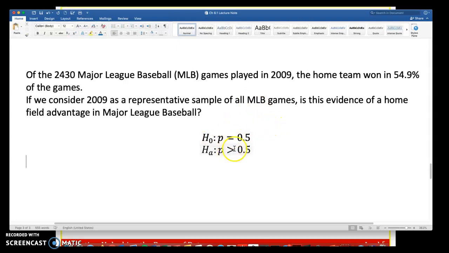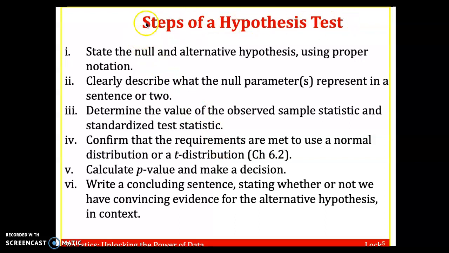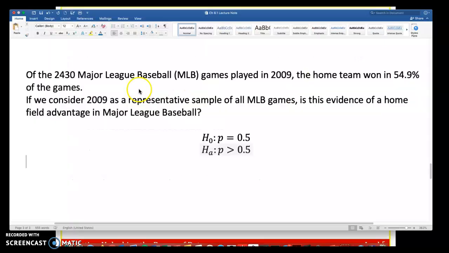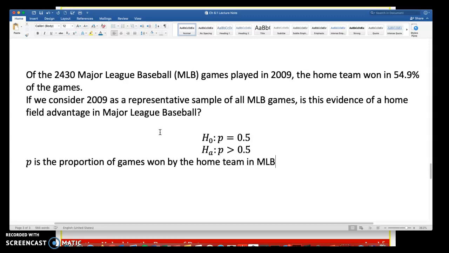All right, here's where I want to explain more what this notation means. So on here, my steps for hypothesis test: state the null and alternative hypothesis using proper notation, but then I want to explain, what am I talking about with this null hypothesis? What does that p mean in a sentence or two? So right here, p is the proportion of games won by the home team in Major League Baseball.